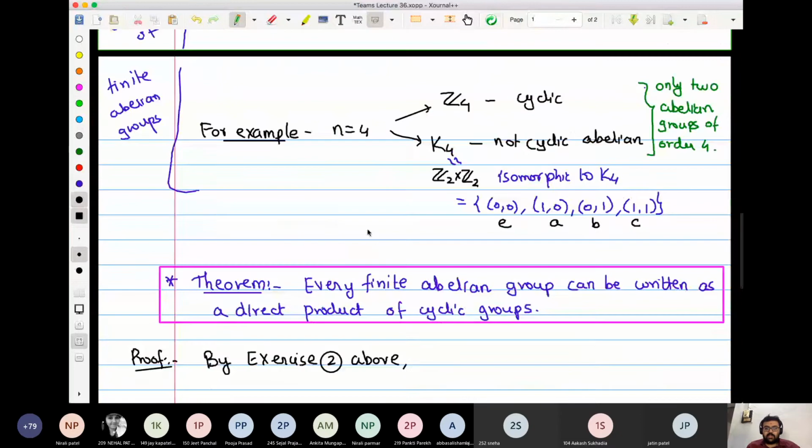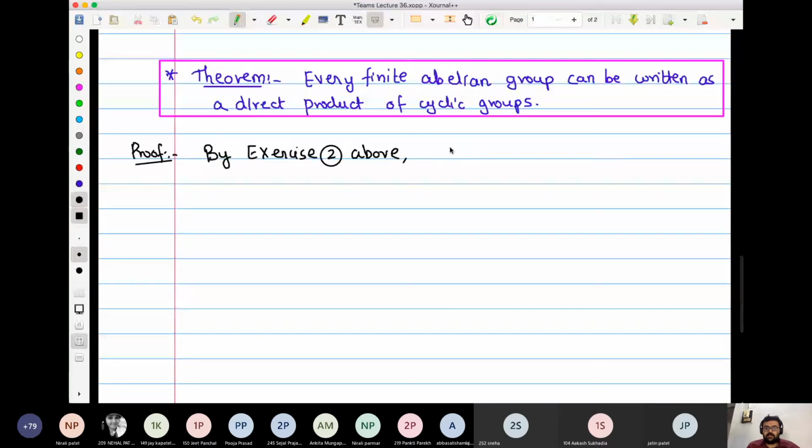We want to express G in terms of these, so from the exercise above, we know that. You can also write the same in the exam, because if you prove that exercise, otherwise the proof will be longer.